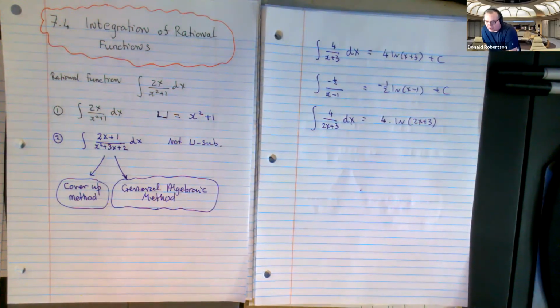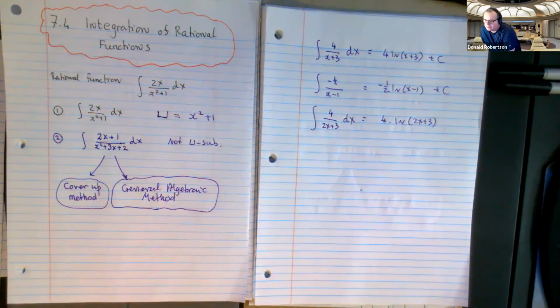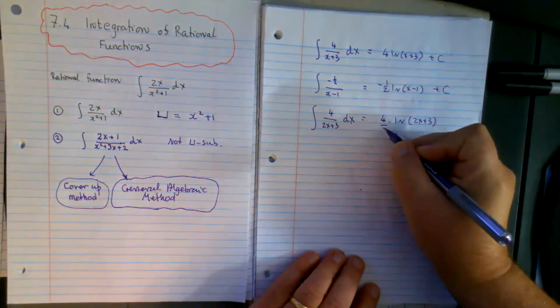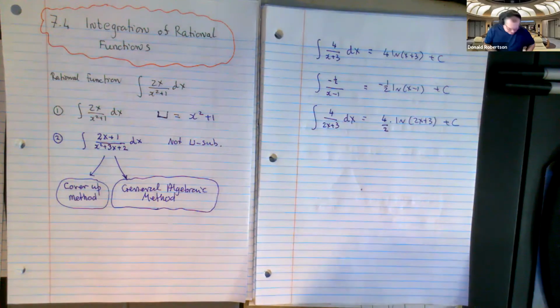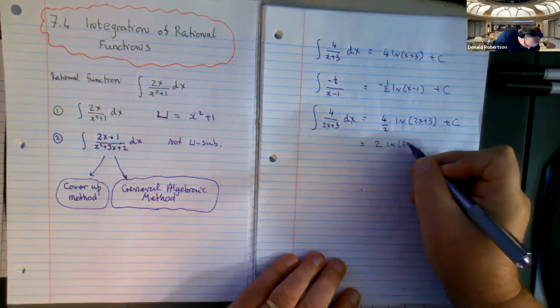It is going to have a 4 log of 2x plus 3, but what does that 2 next to the x do? How do you cope with that or incorporate it? You have to divide the whole thing by 2. It's called the linear shortcut method. So the correct answer is 2 natural log of 2x plus 3.